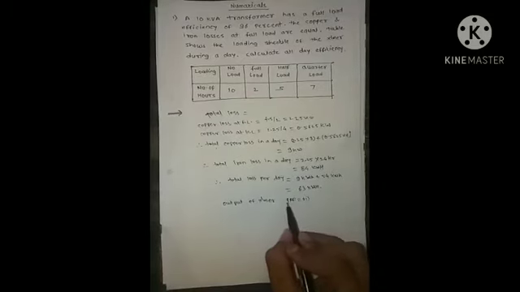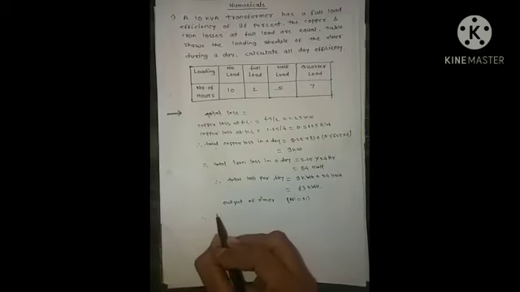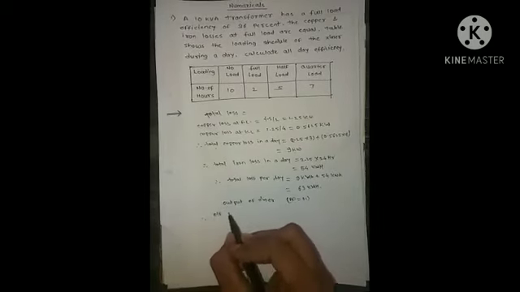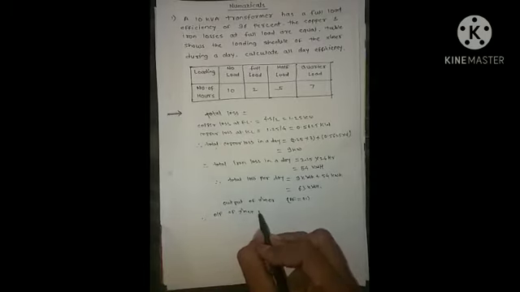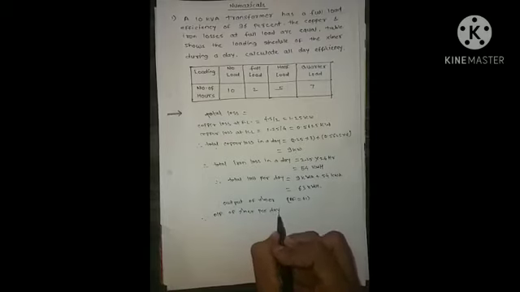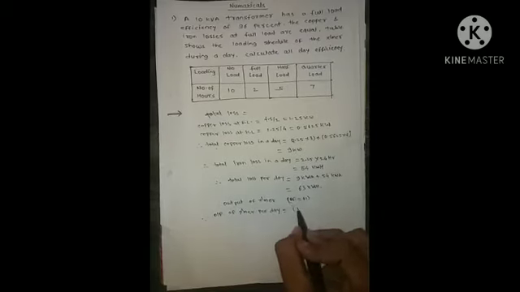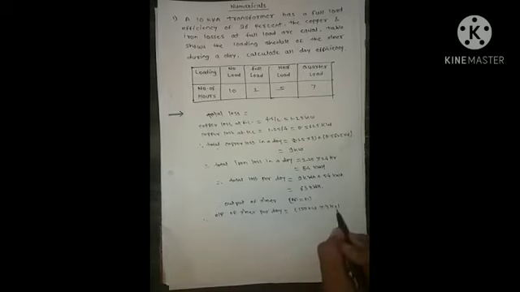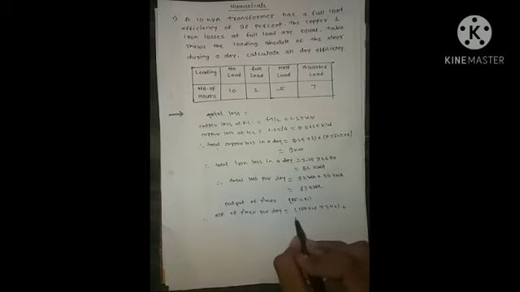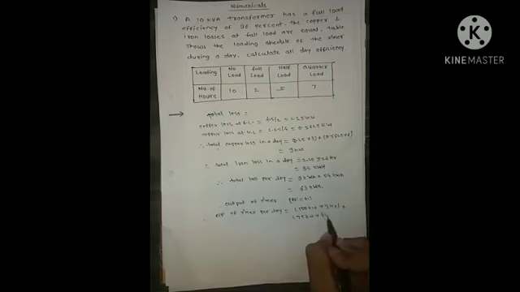Therefore the output of the transformer per day equals 150 kilowatt into 3 hour plus 75 kilowatt into 4 hour.